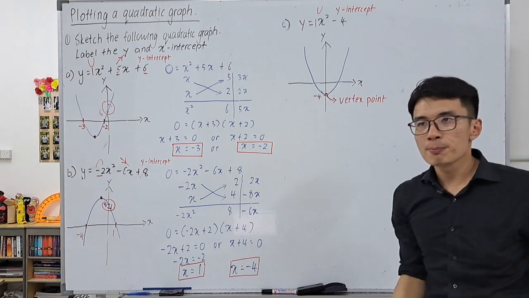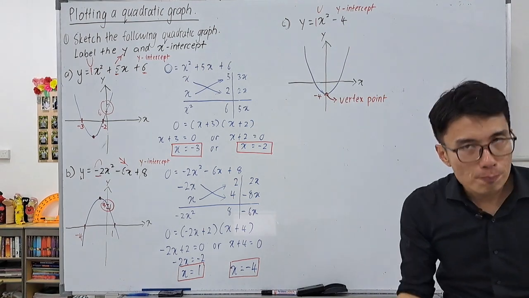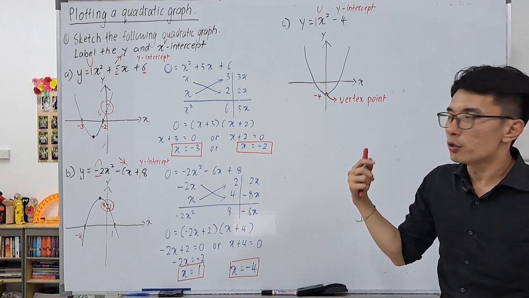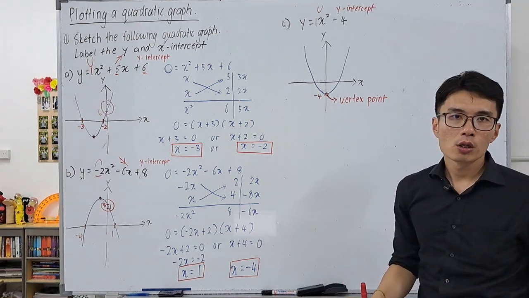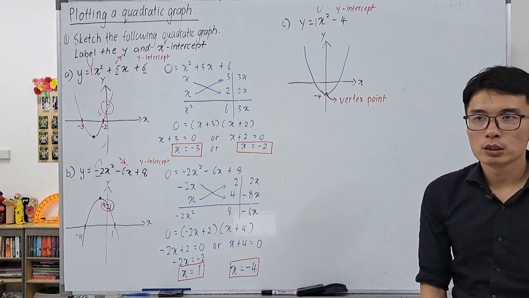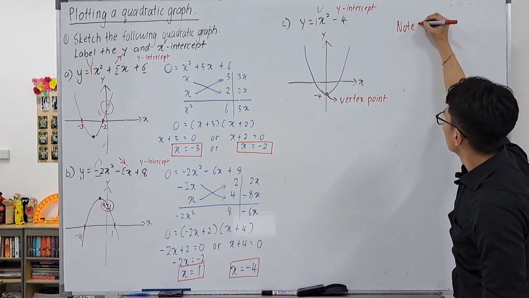Now, a very simple example over here: when you do not have the value of b, in other words, when b is equal to 0, the vertex point will always be on the y-axis. So I'm going to make a note over here so that you know.